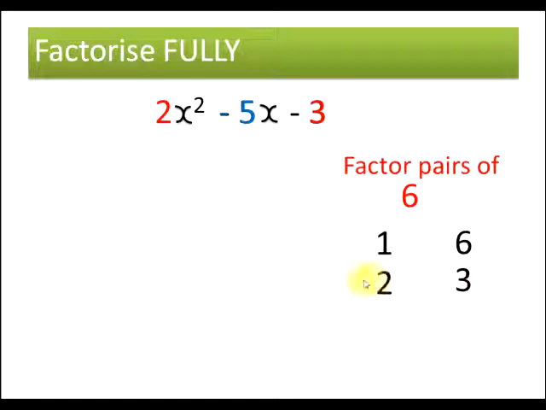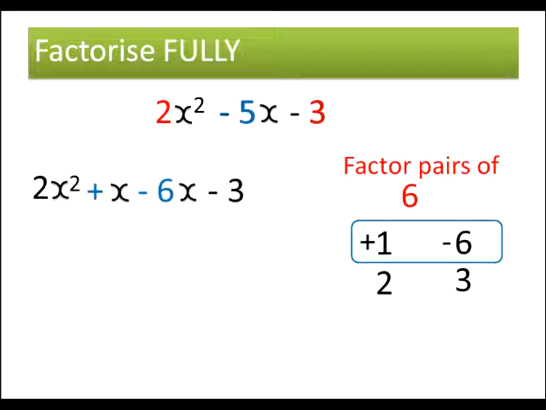With this one, because it was a minus and a minus, if I multiplied those, I would get a positive answer. So I know it's not those, and therefore it's these ones. Now I'll explain at the end of this video another way of doing it. So it's going to be these two, a positive 1 take away 6, and I chose to write it in this order.